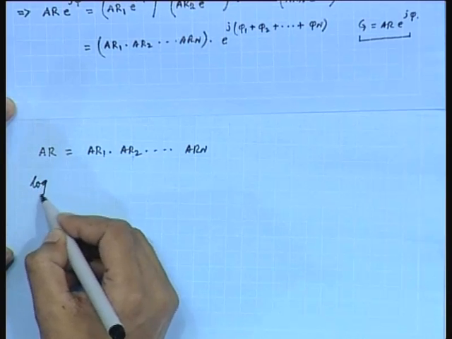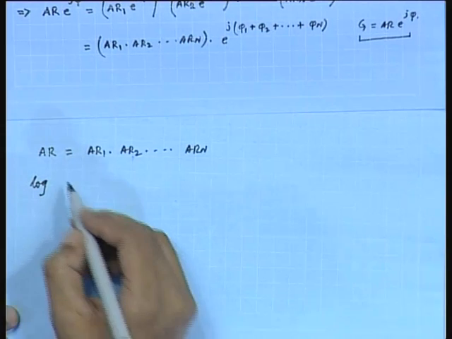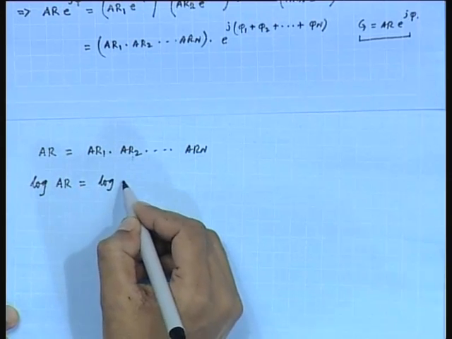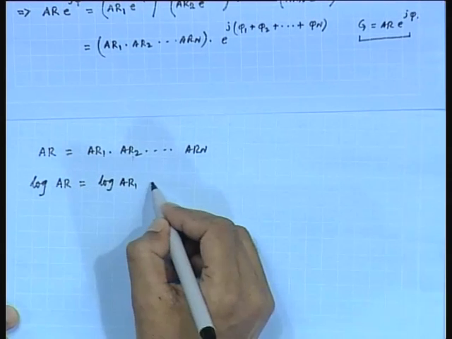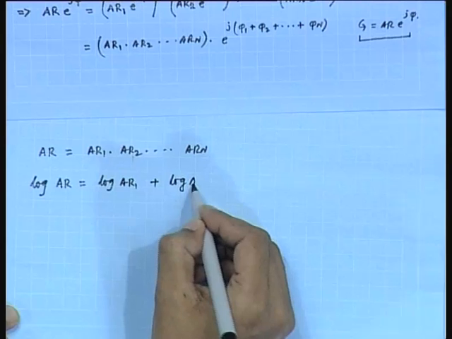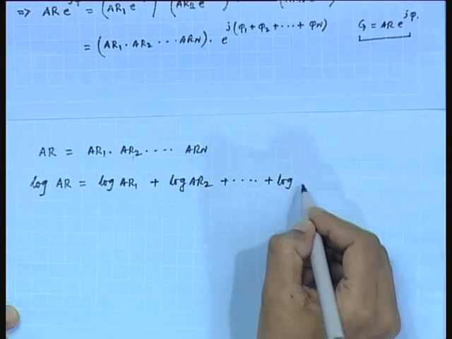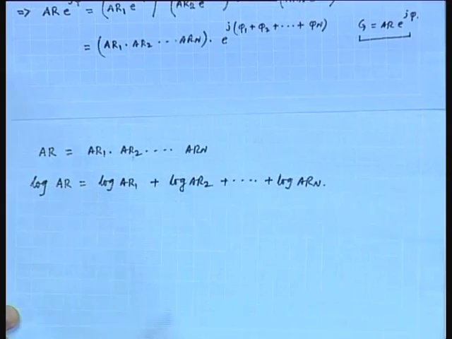Now, if we take logarithm on both sides, then we obtain this form. Fine.